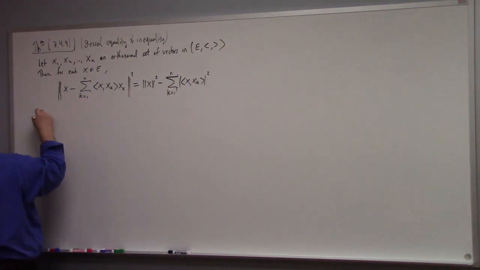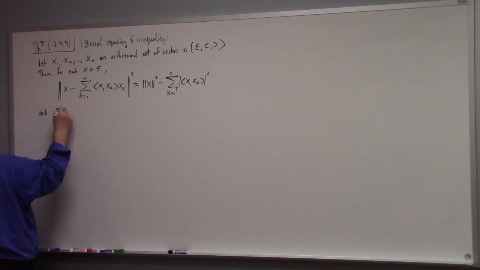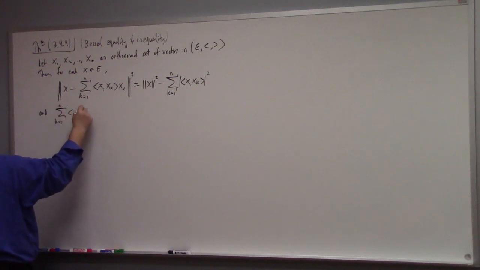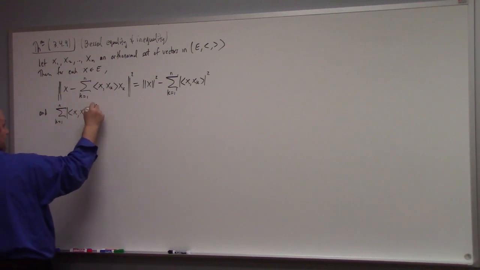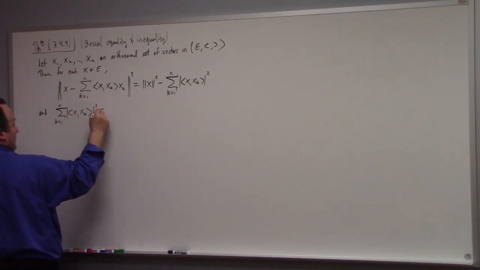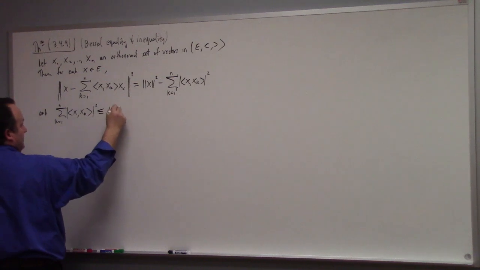And the sum k equals 1 to n of the squared moduli of the inner products of x and xk is less than or equal to the length of x squared.